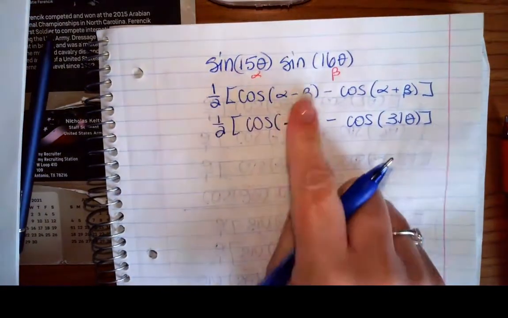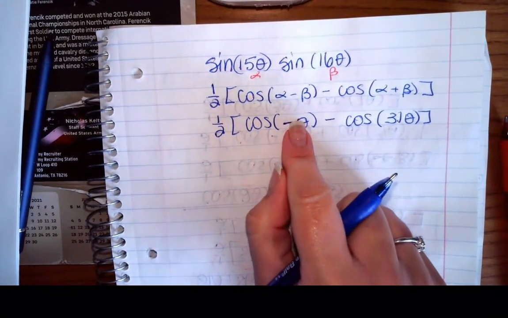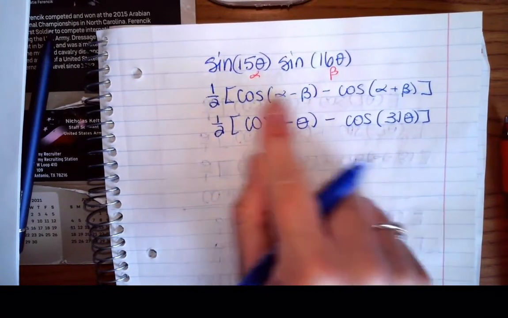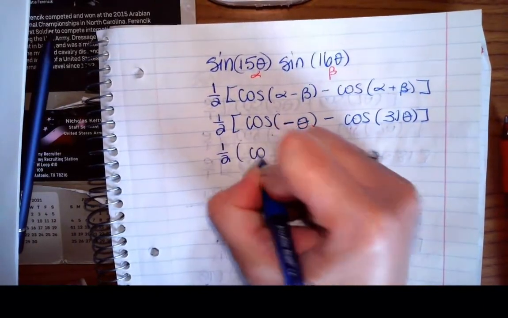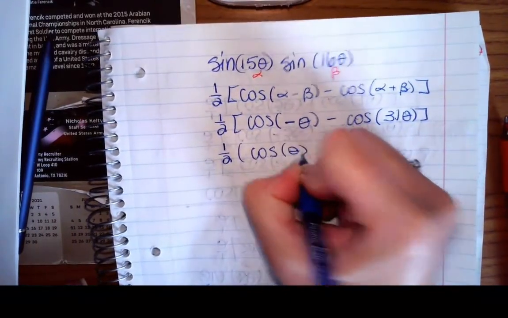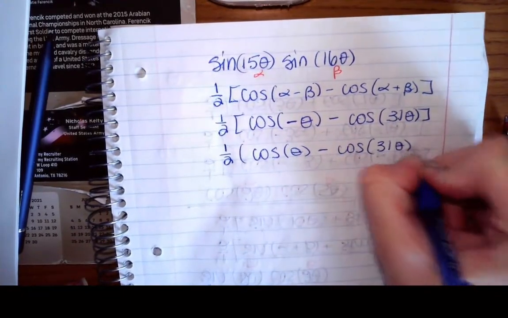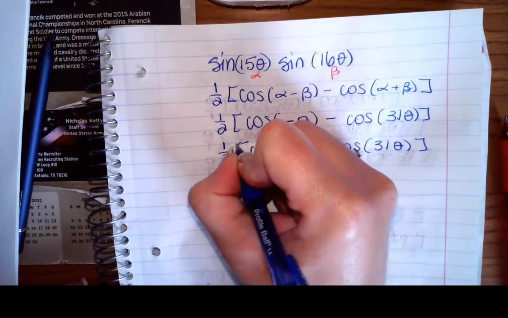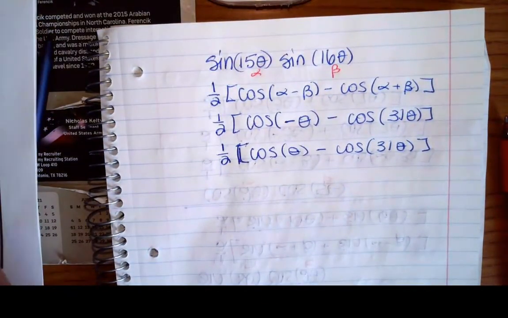But again, watch out. You've got a negative argument. Cosine is even, so a negative angle and a positive angle will give you the same ratio. So I can essentially ignore that negative. You can use hard brackets or soft brackets.